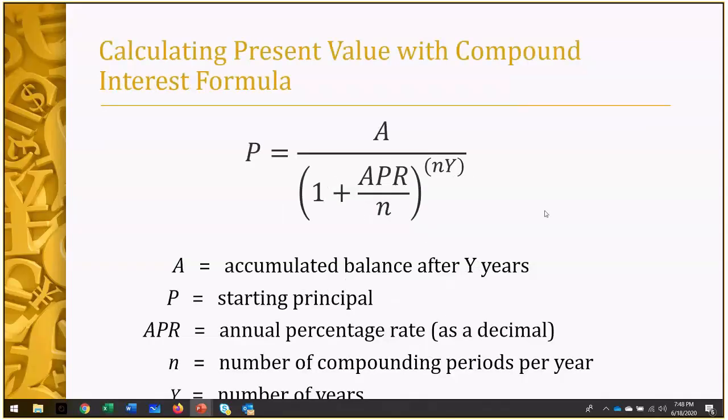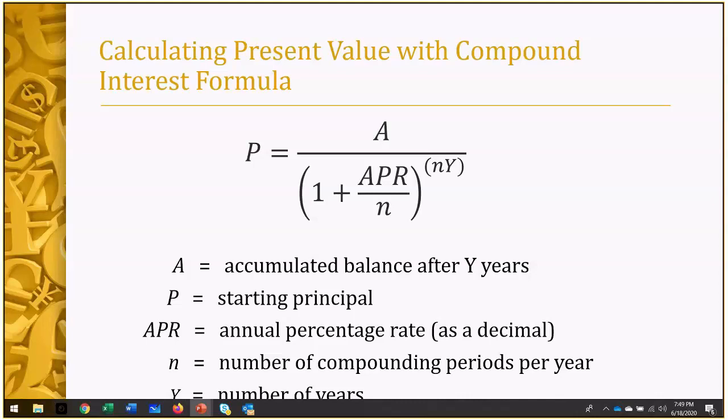All right, so here's a new formula. This one, if you notice, has the P on the end of it now. This one is the only one that solves for present value. So what you're going to be looking for in the questions for this formula is it'll say something like, how much needs to be deposited today, or how much needs to be in the account right now, or some sort of synonym for the present.